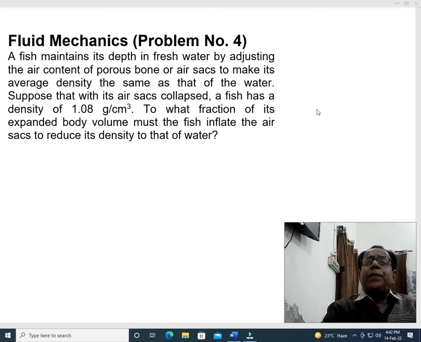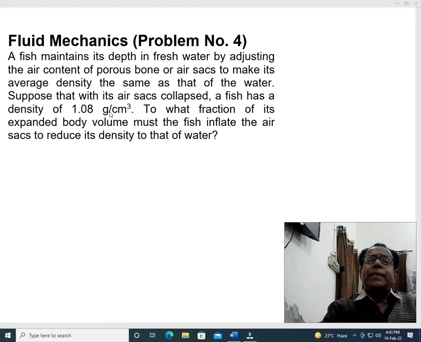Okay, we have to find out the fraction of its expanded body volume to which the fish must inflate the air sacs to reduce its density to that of water. Dear students, here the main consideration is about density.